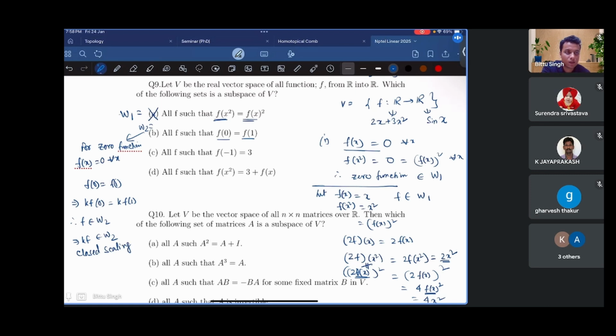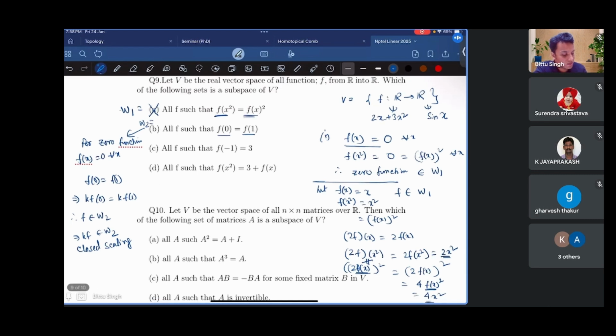Now the next thing, the final thing, is to check if those are closed under addition. So suppose for f this is true, and also for g this is true: g0 is the same as g1. Now the last thing is g0 equal to g1.